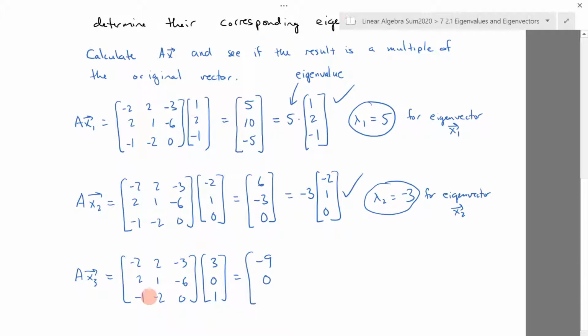Minus 6 is 0. Negative 3 plus 0 is negative 3. So comparing, we see that this is a multiple of negative 3. Okay, so this is also an eigenvector, and the eigenvalue here is also negative 3.